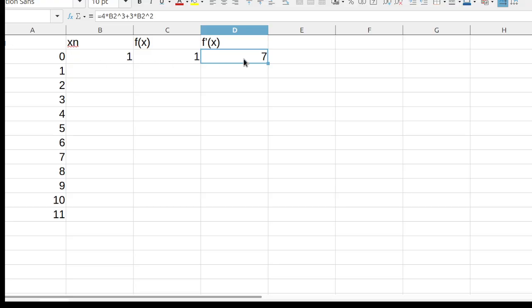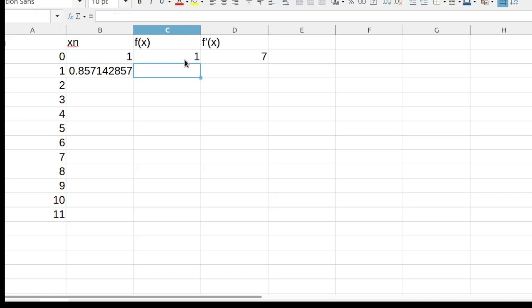So here we have the ability to continue to create these. And what we want to do now is make a chain that links these together. So our next x sub n is this minus this divided by this. And so there we get our estimate.